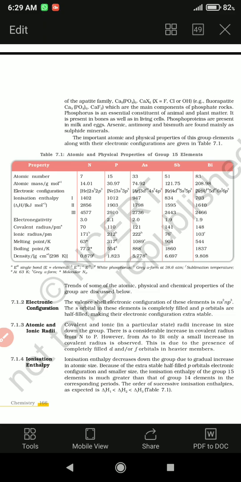So ionization enthalpy decreases from top to bottom.